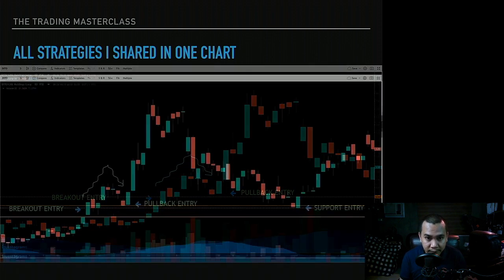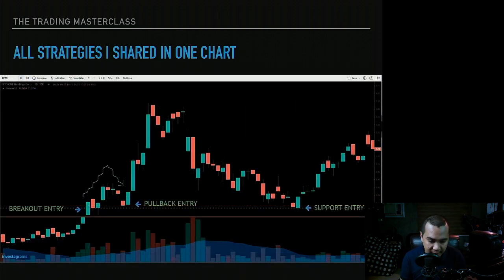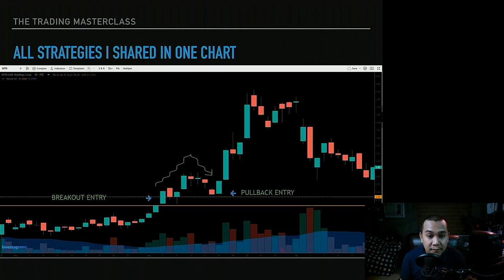Next, from the same chart, after the breakout entry, here is the pullback and the bounce. This is the pullback entry for you, and there's a good amount of volume on those bounces, so that's a very good indicator for you to enter.